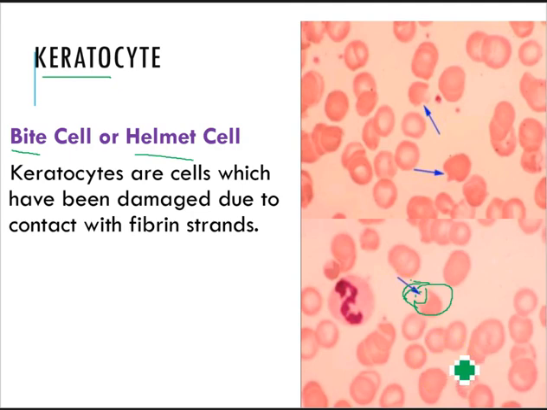So keratocytes, bite or helmet cells. Guys, unfortunately, I can't recall any mnemonics for you. Personally, I struggled to memorize this at first. I can't remember how I survived third year.